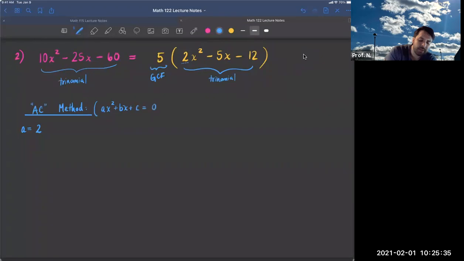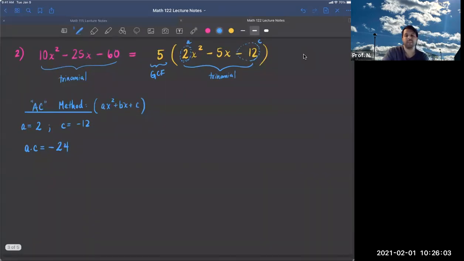The number in front of the x squared is known as my A value, and the number without anything attached to it is the C value. So A equals 2 and C equals negative 12. You multiply A and C and you get what? Negative 24. And then what's the question we ask ourselves?